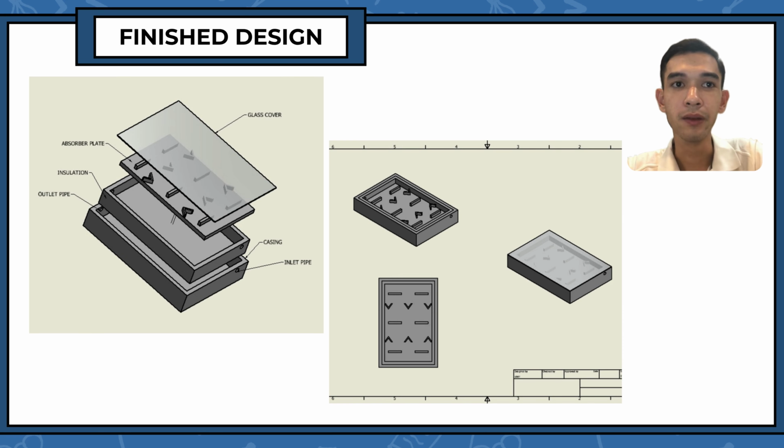For this slide, I have attached the finished design. One is an exploded view, and the other is a simple 3D isometric view. It is important to know about the flow system. The water enters through the inlet pipe, absorbs heat as it travels across the absorber, and exits hotter through the outlet.